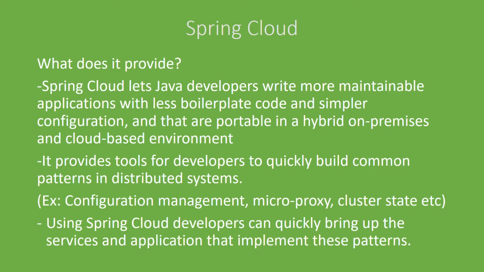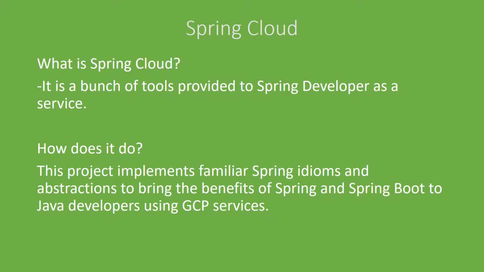In this video, we are going to learn what is Spring Cloud for GCP and how it is done. First, let's understand what is Spring Cloud. Spring Cloud is basically a bunch of tools provided to Spring developers as a service.